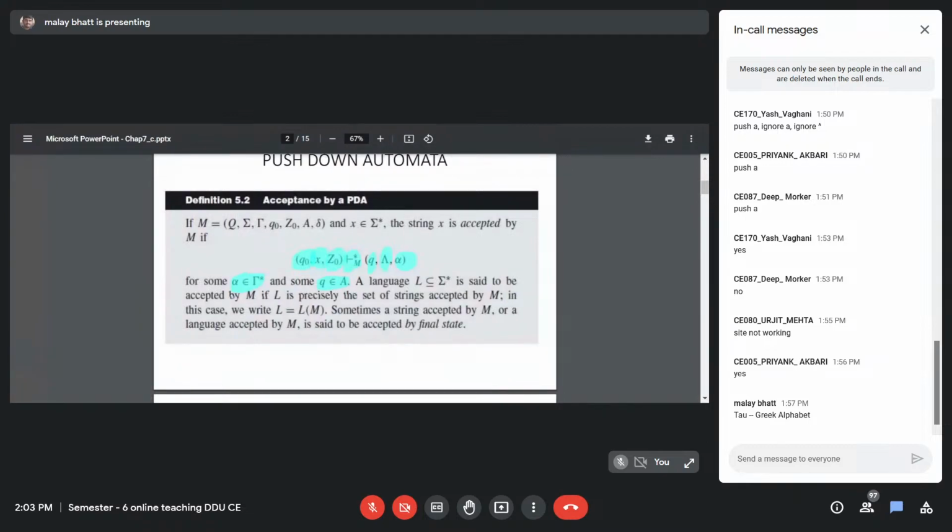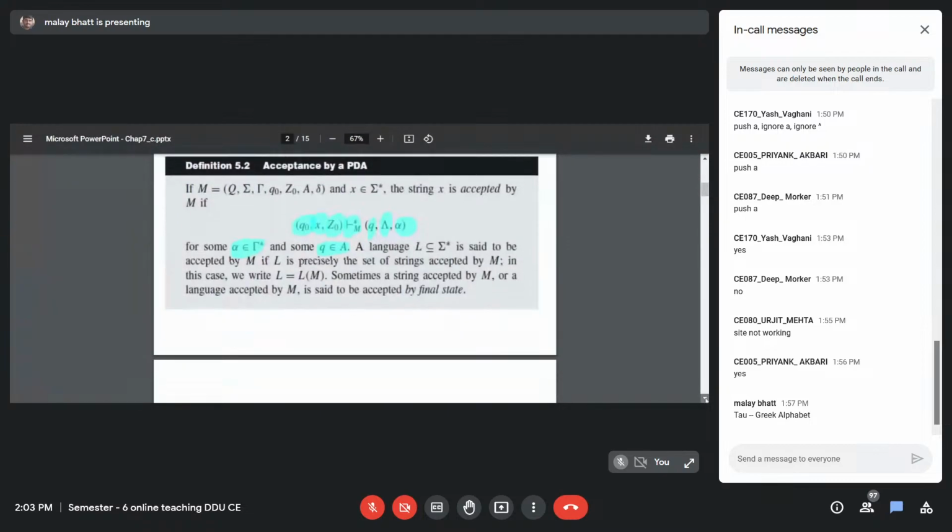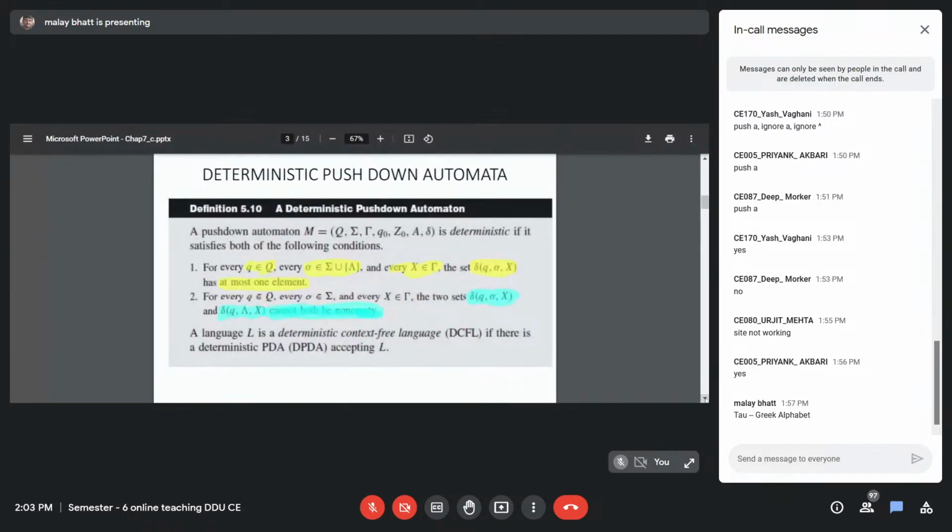Okay, so now with this, let us take one more definition. Now we'll differentiate between a deterministic push down automata and a non-deterministic push down automata.